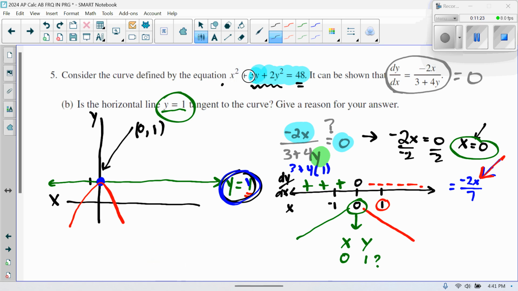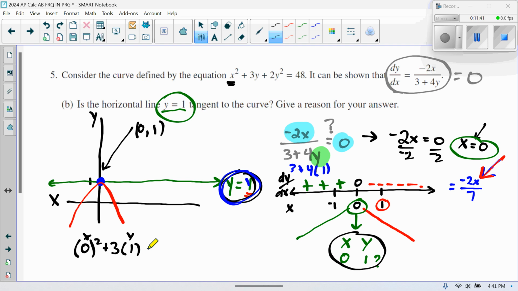I'm going to take this whole equation and see if it works for 0, 1. So my x is 0. I've got 0 squared plus 3 times x times my y, where I put in a 1 for y, plus 2 times y squared, which is 1 squared.